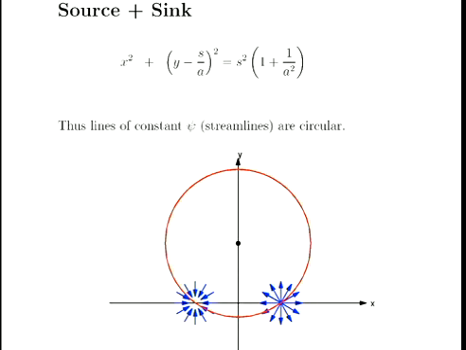Those circular streamlines pass through the center of those sources and sinks. And we know that the offset of the center of that circular streamline is going to be this distance s on a in that expression that we just derived. And we know that the radius is going to be the square root of the right-hand side of that expression, so it's going to be s square root of 1 plus 1 on a squared.